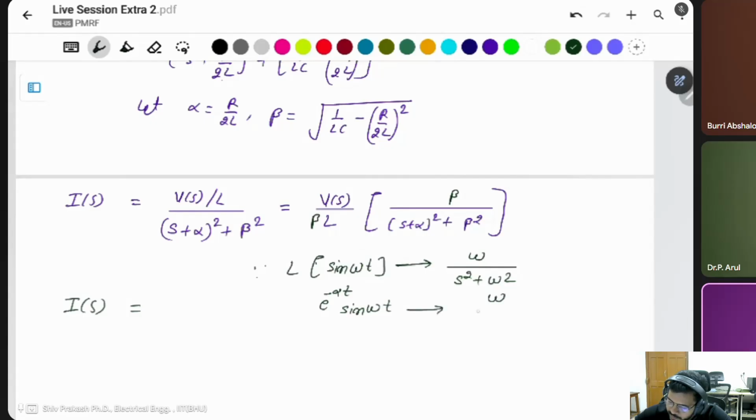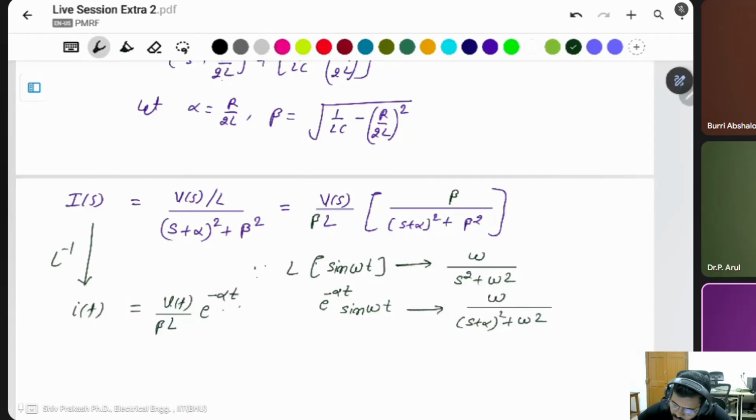This will be omega, simply adds alpha in terms of s. That means the inverse Laplace of this thing is Vs, it is capital, it will be Vs divided by beta L e to power of minus alpha t into sine beta t.